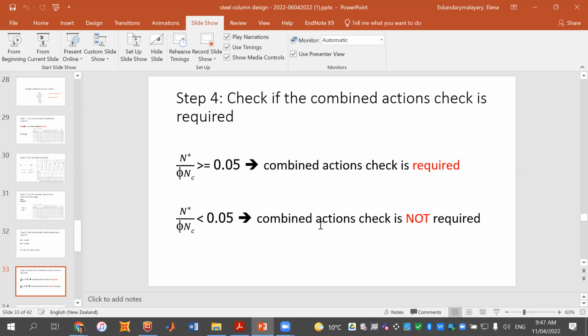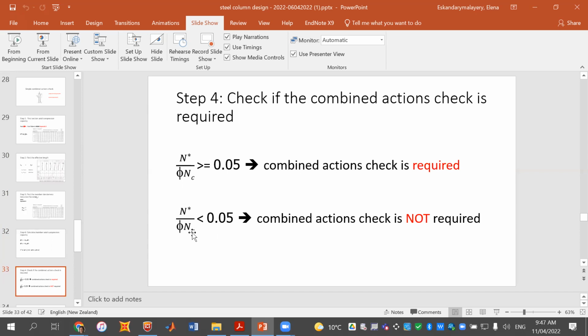Next step, we want to see if we need to check the combined action requirement or not. So if the axial design force you're applying on the column divided by the capacity, which is phi Nc, is more than 5%, you need to consider the combined action check, which we will talk about in the following slides.